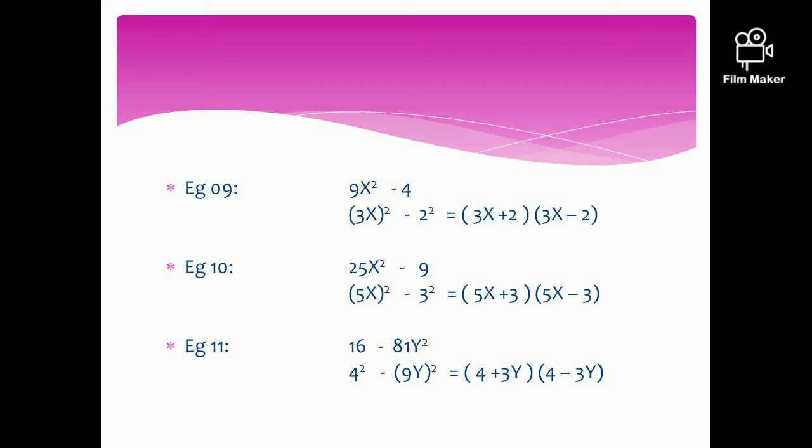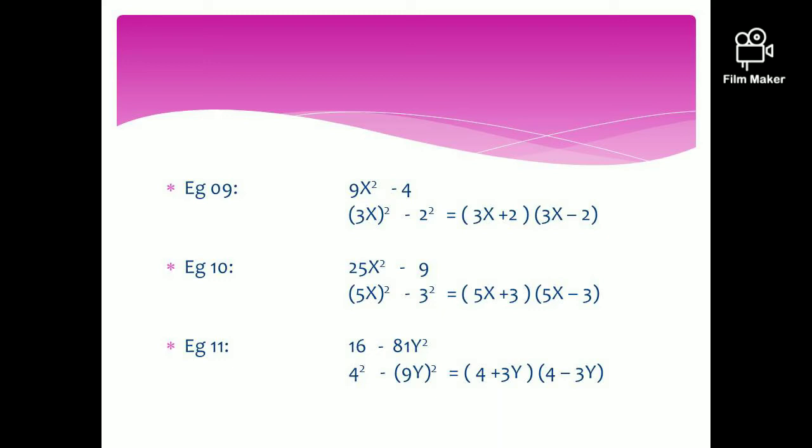Therefore, both terms contain squares. Therefore, I can take 3x whole thing squared. Minus 4, you can write 2 squared. Now the expression is simplified into squares of complete terms. 3x whole thing squared minus 2 squared. Therefore, you can write this as 3x plus 2 into 3x minus 2.